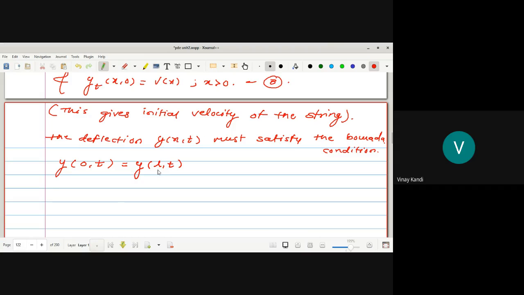If a string has length L, what will be the deflection at its two end points? 0, because here both ends are fixed. So for this string, x is equal to 0 at one end and x is equal to L at the other. So the deflection at point 0 and at point L is 0.